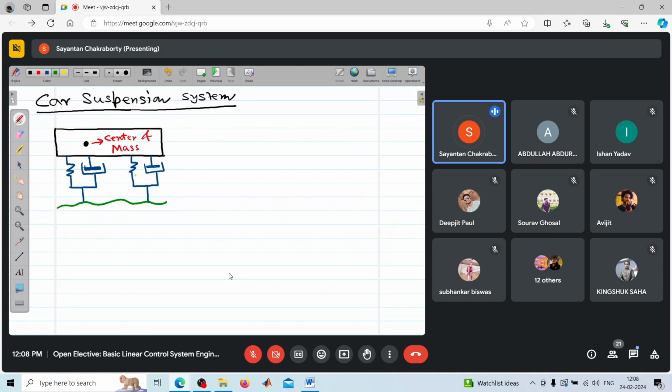very much complicated. So, in order to obtain a working knowledge, we can take a very simplistic point of view. That is, we take a quarter car suspension model.